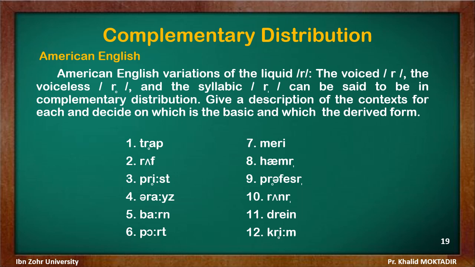In other words, where one variant occurs, the others don't. Now you are supposed to give a description of the context for each of the variants and decide which one should be considered as the basic, and of course the other two would be considered as the derived. Now let's read the data.